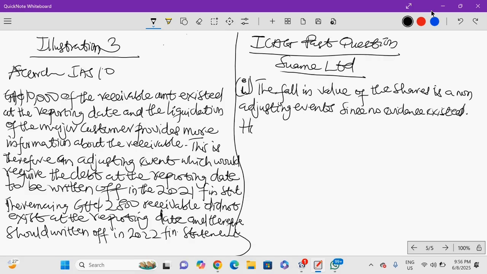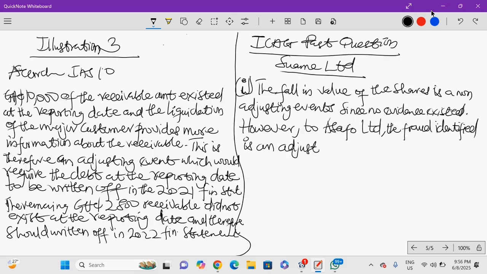Evidence existed, full stop. However, to Asafo Limited, the fraud identified is an adjusting event, right?